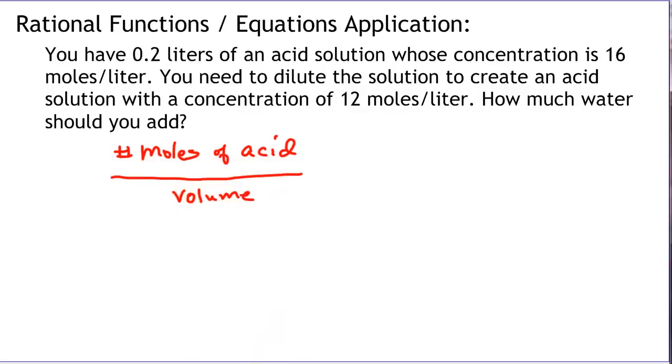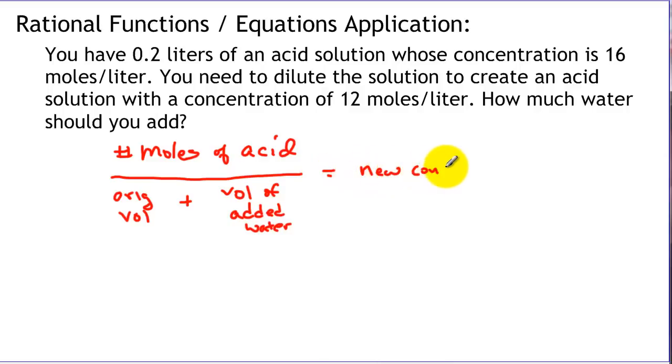On our new solution, our volume will be the volume of our original solution, so original volume, plus the volume of the water that we add. And that's going to give us our new concentration. Now let's plug in some numbers. So we've got our new concentration we want to be 12 moles per liter.